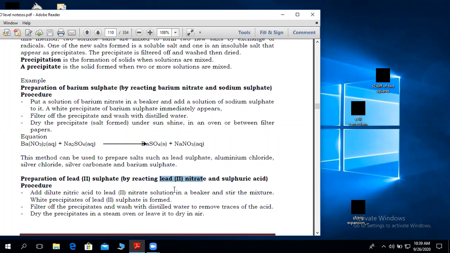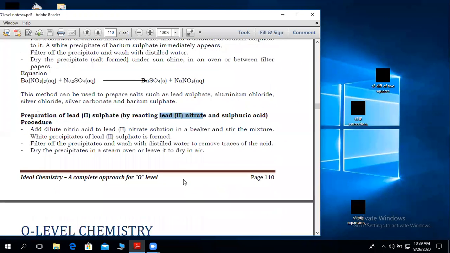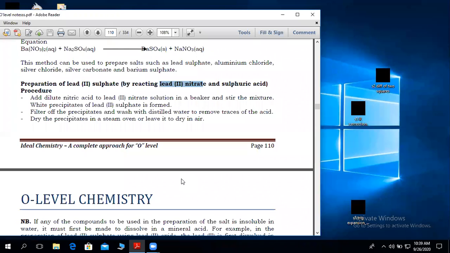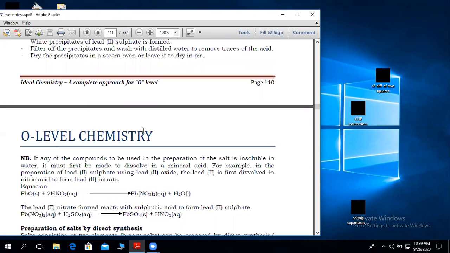So they will exchange the radicals. Lead will take the place of sodium and it will form lead 2 carbonate and sodium nitrate. So here you just need to know what to use. Even when you are preparing lead 2 sulfate, you can use lead 2 nitrate and sodium sulfate. The two salts you use must be soluble, and they react together to form an insoluble one. And you must also learn how to write the equation.